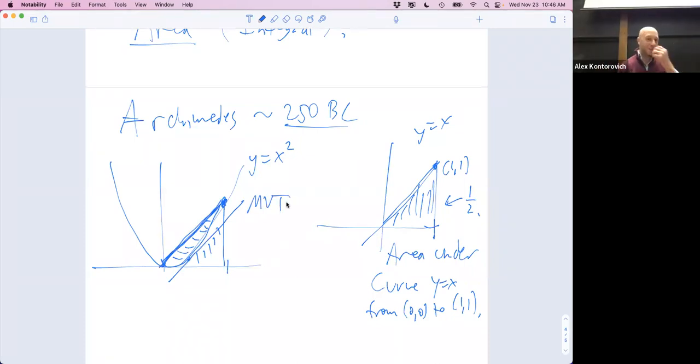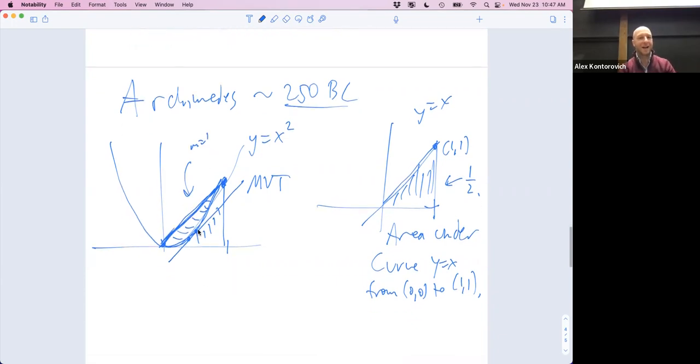I mean, it makes intuitive sense. So he says, look at this curve. Somewhere, he proved that this point exists, and he showed how to construct it. By the way, where is that point on this curve? This slope is 1. And so where is the point that has exactly that slope?